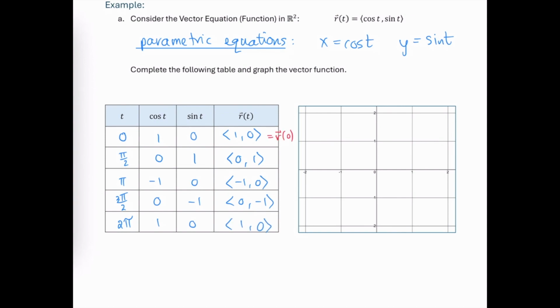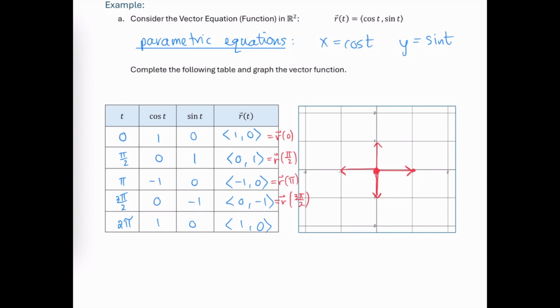So now let's graph this vector function. r of 0 is the vector <1, 0>, which means it starts at the origin and terminates at the ordered pair (1, 0). r evaluated at pi over 2 is the position vector starting at the origin and terminating at the ordered pair (0, 1). r evaluated at pi is the position vector starting at the origin and terminating at (-1, 0). r evaluated at 3 pi over 2 initiates at the origin and terminates at the ordered pair (0, -1).